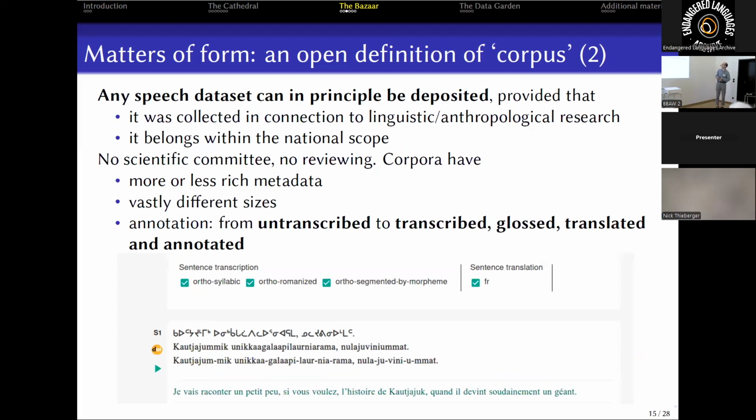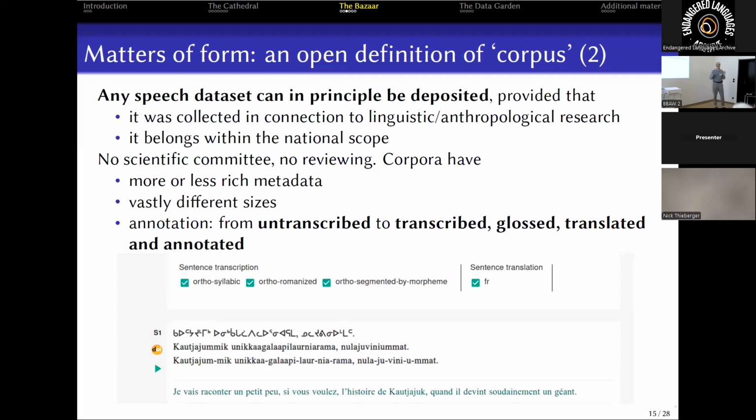Any speech dataset can in principle be deposited. There's no reviewing, provided it answers the basic requirements that our National Archive can handle, that it has to be within a certain scope.